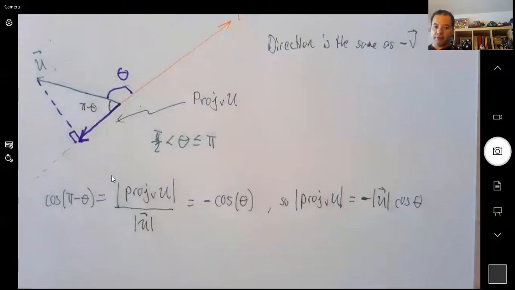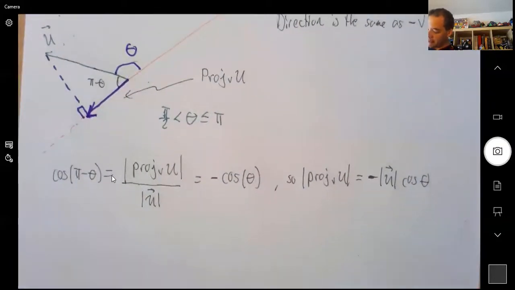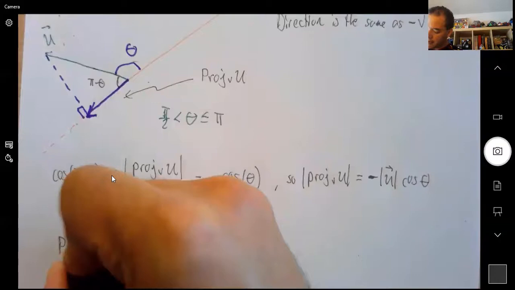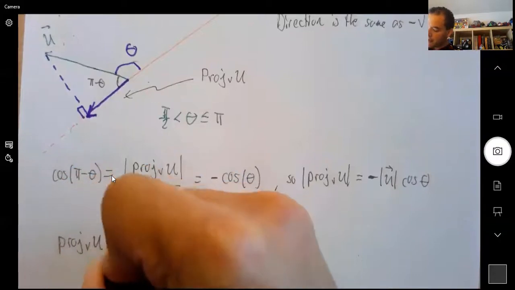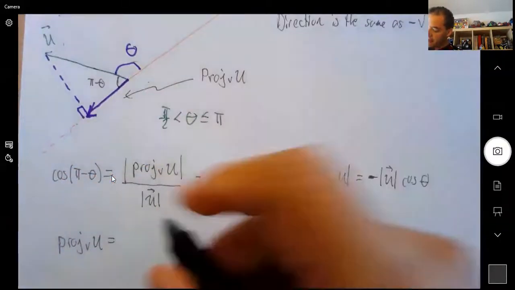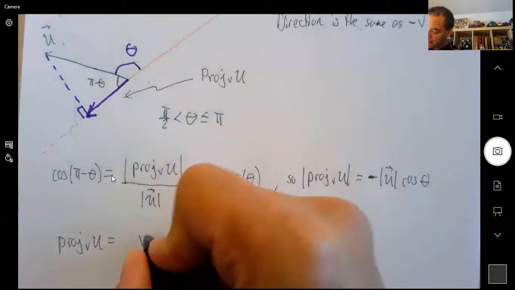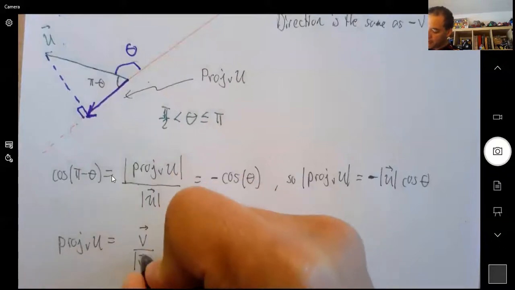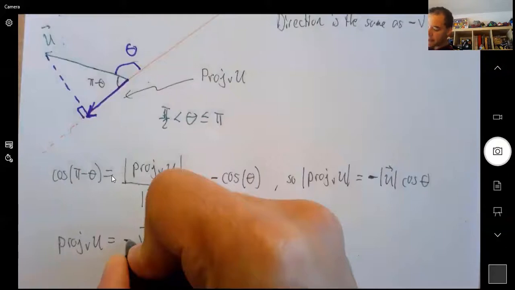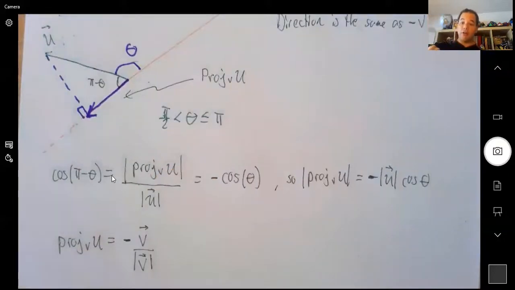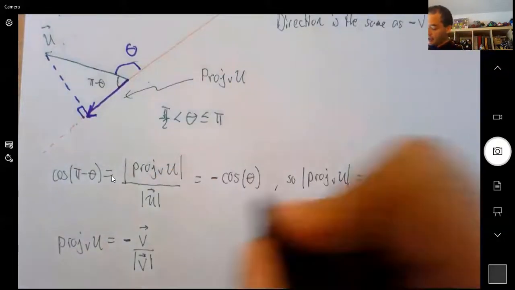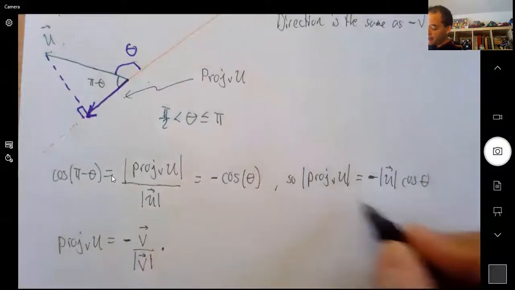So now we're in the position of getting the projection vector. We'll do the same technique. For the projection vector, we take v, divide by its magnitude to make it a unit vector, but we put a minus sign before it because we want it to point in the opposite direction. Then we multiply by its magnitude.